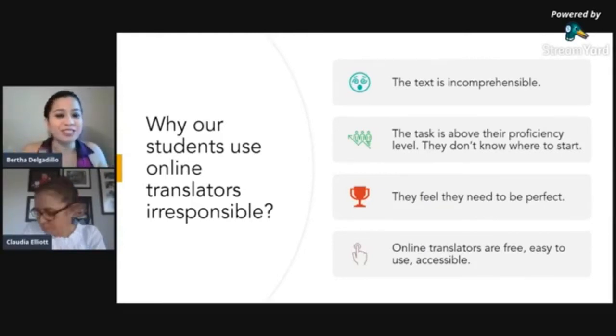When we talked to the child about it, and we told him what his Google translated text meant, he was all red and he did not know what to do with himself. But yes, they need to be perfect. So sometimes even the high achieving students will use it if they feel super stressed and that they can't produce the language we're asking them to do. And then also, like Claudia mentioned, online translators are free, easy to use, and accessible.